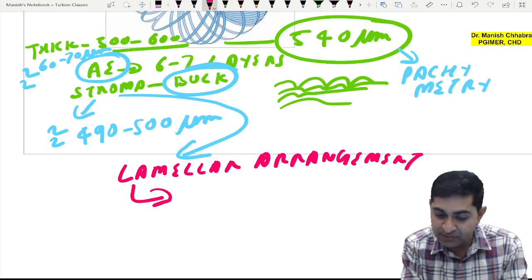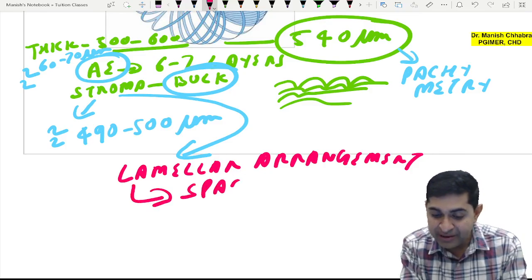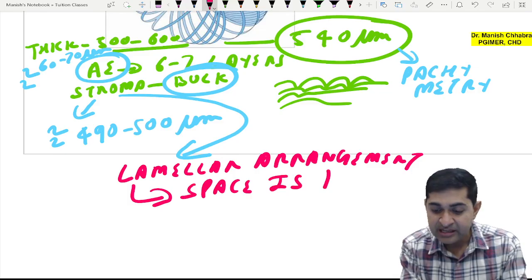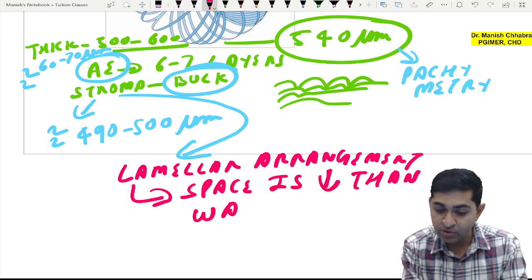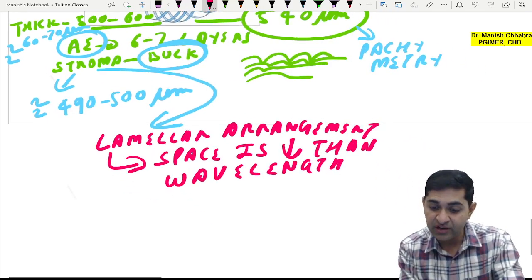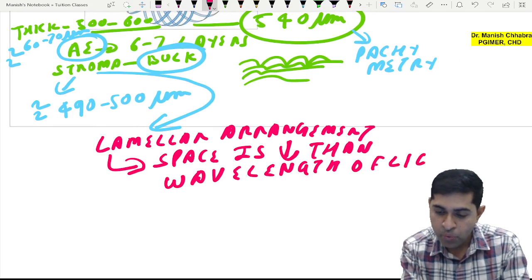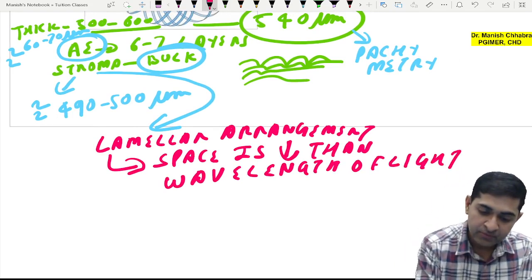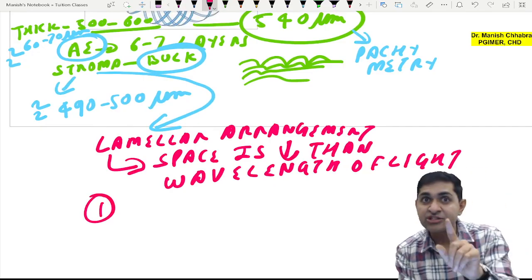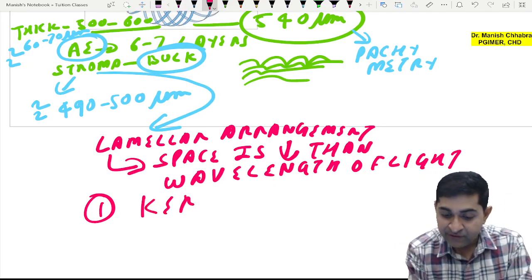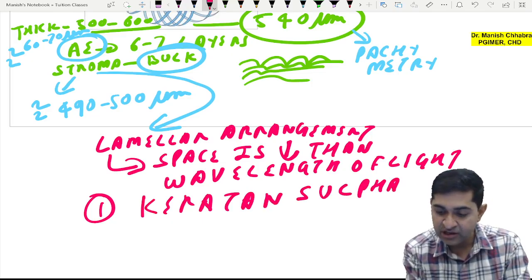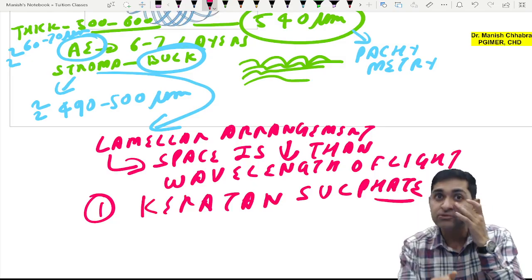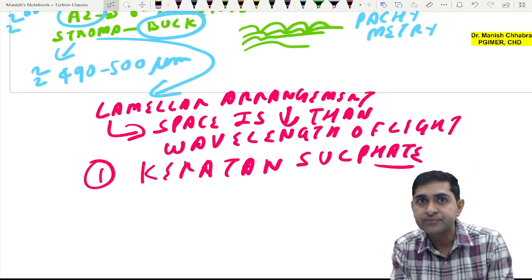So a lamellar arrangement in which the space is less than the wavelength of light, so that there is no interference. Also, there is the presence of one chemical, keratan sulfate, which provides transparency to the cornea.